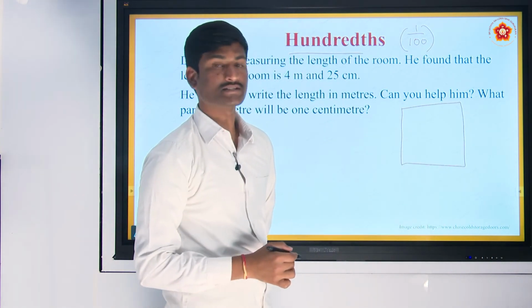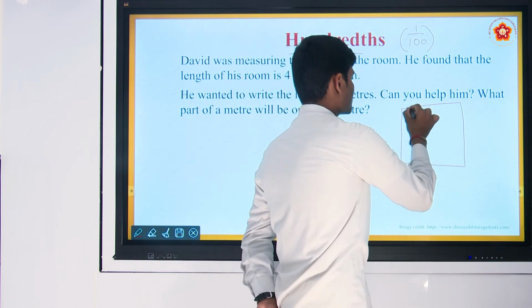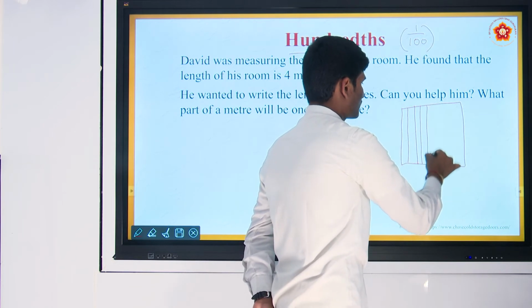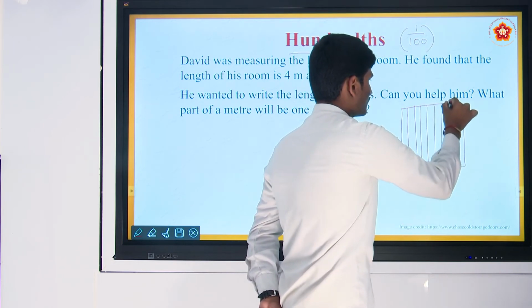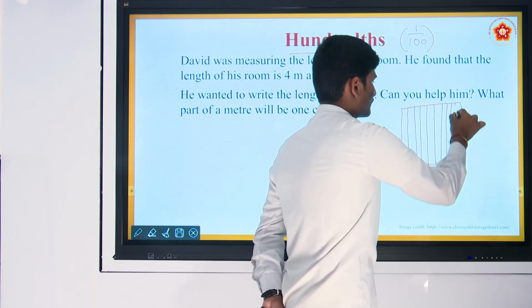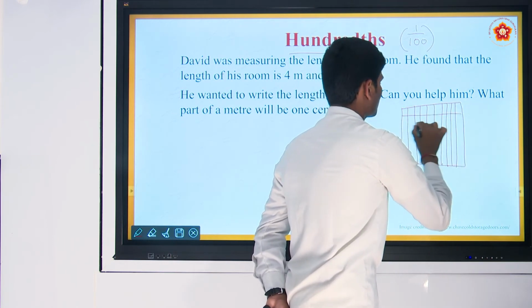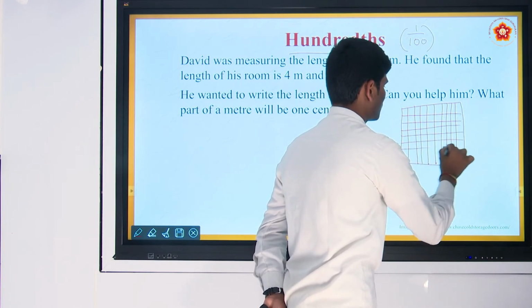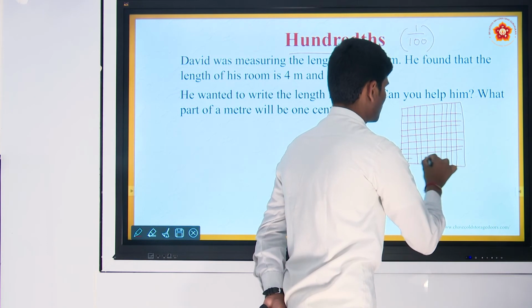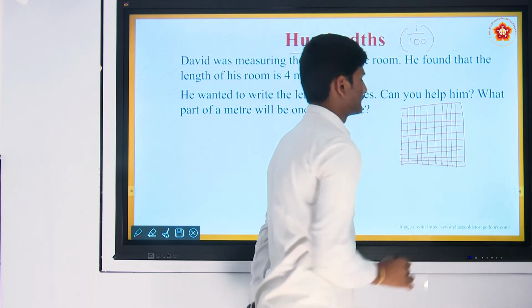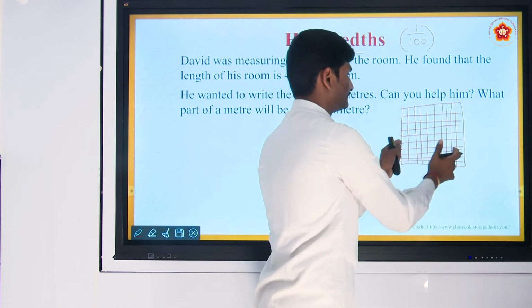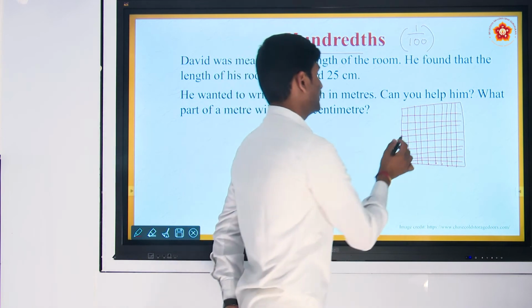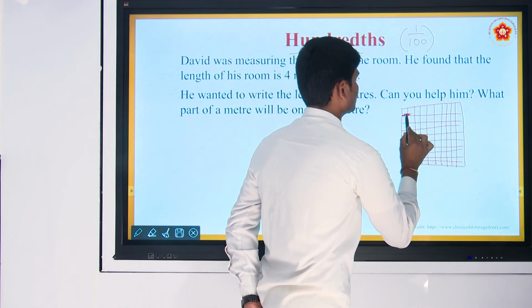This block is divided into 100 equal parts. We shade only one part, the first one.